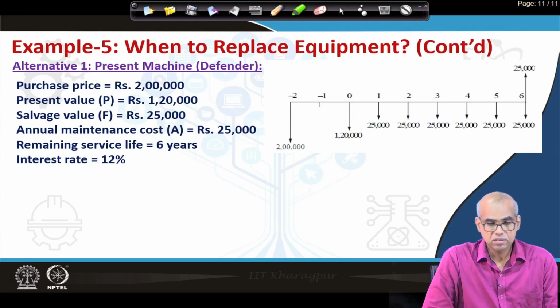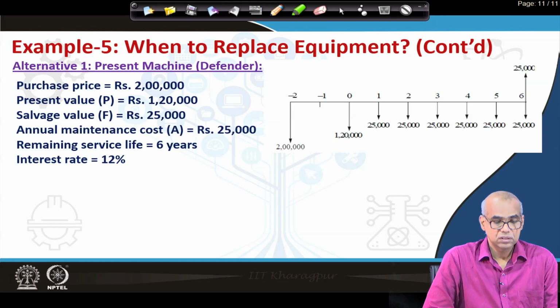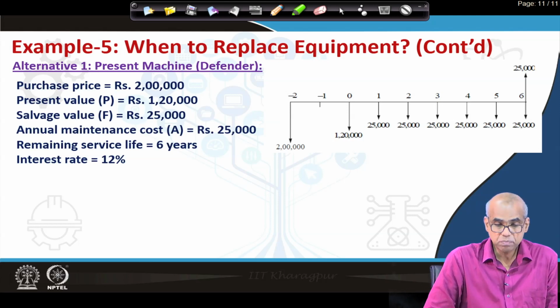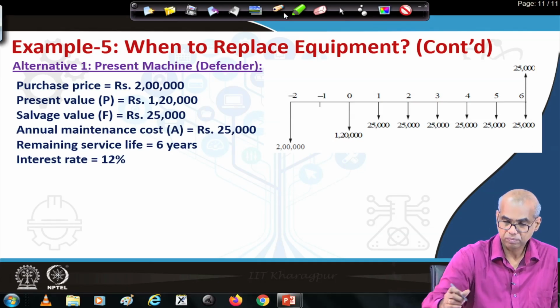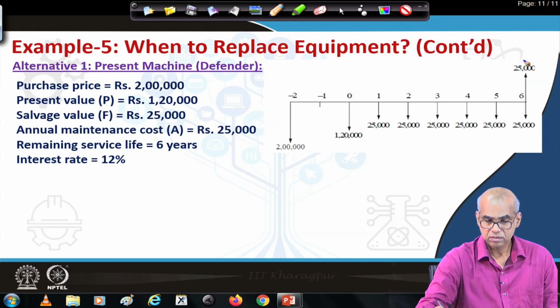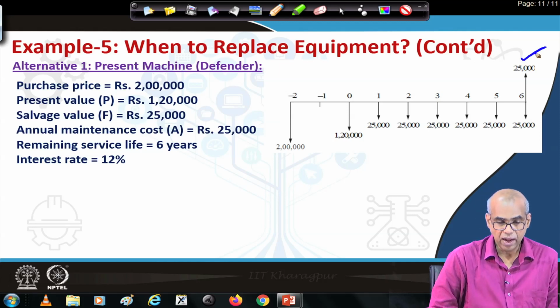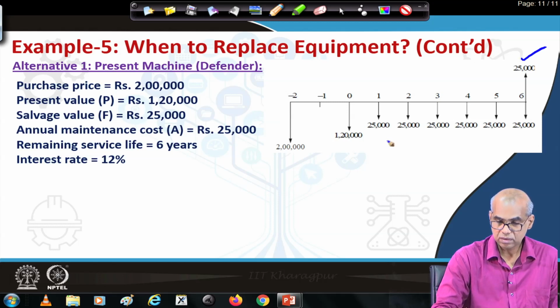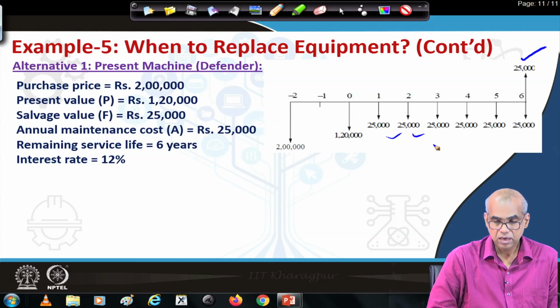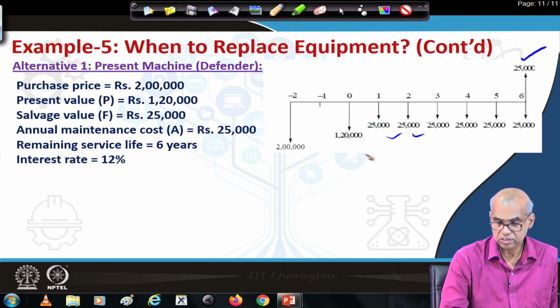So, first let us find out the equivalent uniform annual cost for the present machine, which is also known as Defender. Purchase price is rupees 2 lakh, present value is rupees 1,20,000, salvage value is 25,000, and the annual maintenance cost is rupees 25,000. Remaining service life is 6 years.